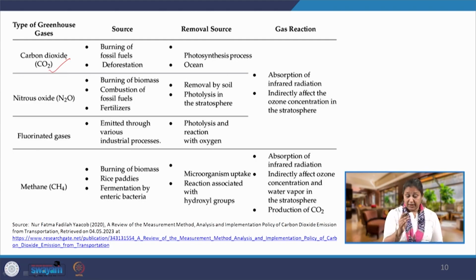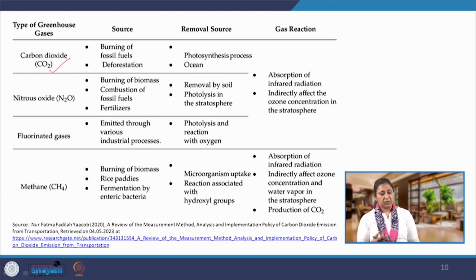Then nitrous oxide, and then another reason for this is deforestation. When a tree is cut, it has already stored a lot of carbon inside it, and when it is cut and decays, it releases this carbon. As it oxidizes, it releases carbon dioxide, and that is also a major source of carbon dioxide emissions.